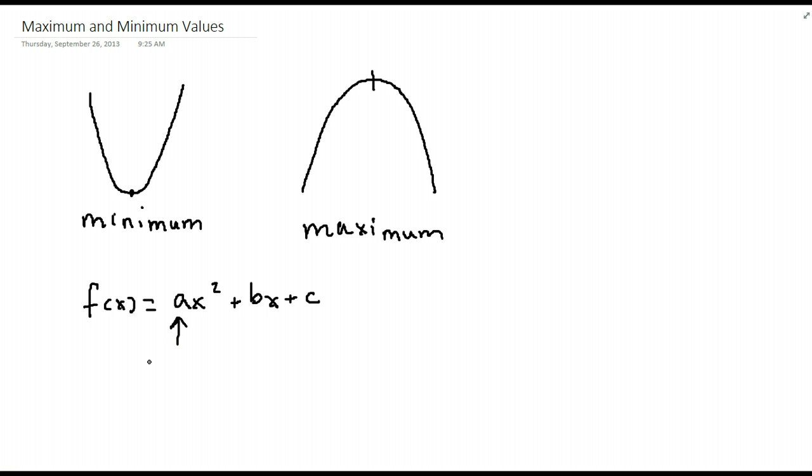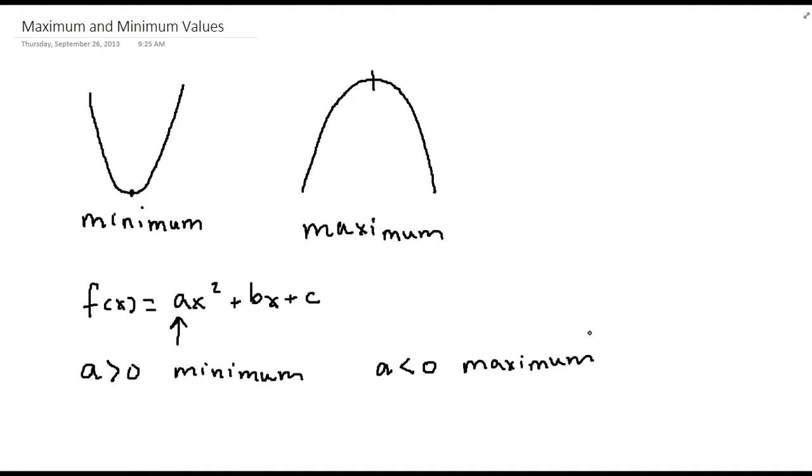If our a value is greater than 0, then that is a minimum. And if we have an a value that is less than 0, then we have a maximum. So we can determine right away whether our graph is going to be upward opening or downward opening based on the value of the a term.